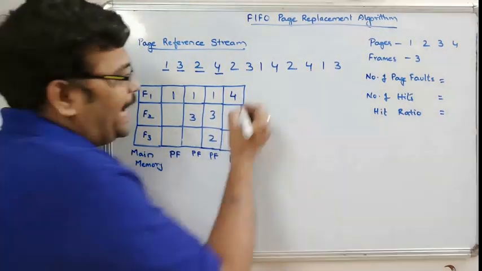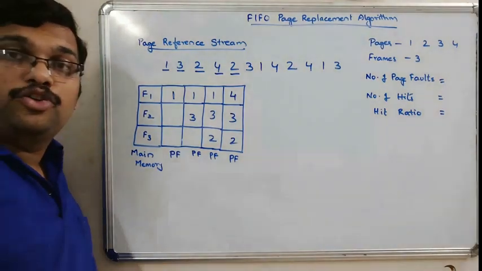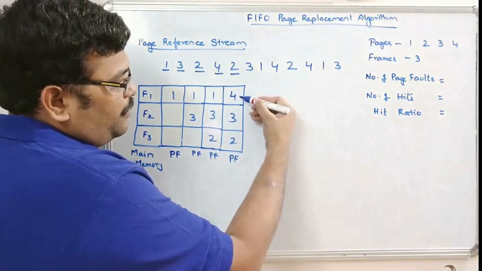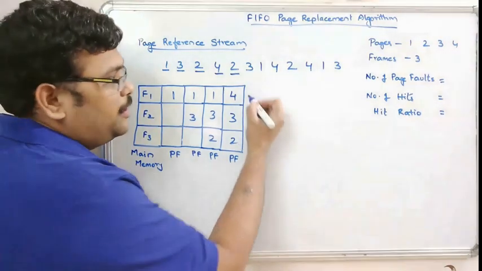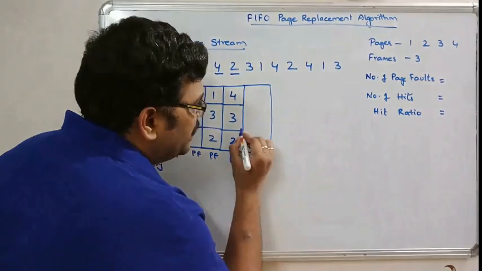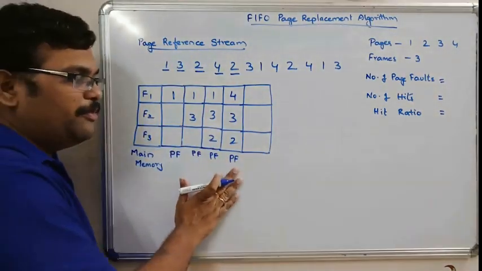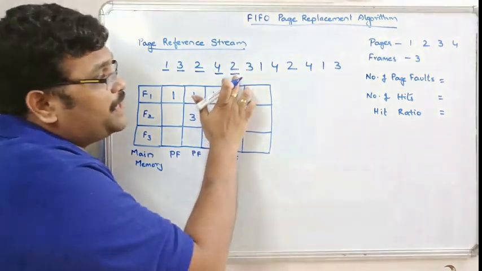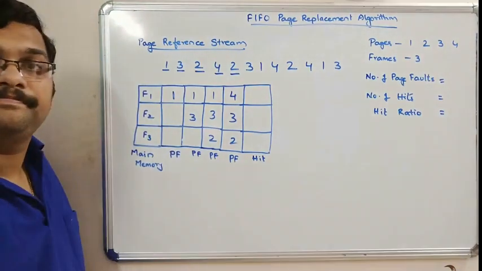Hope you understood. Again, coming to the next string, page 2. See, page 2 is already available in frame 3. So there is no page fault. If the required page is not available in the frame, then a page fault will occur. If the required page is available in the frame, that is nothing but a hit.